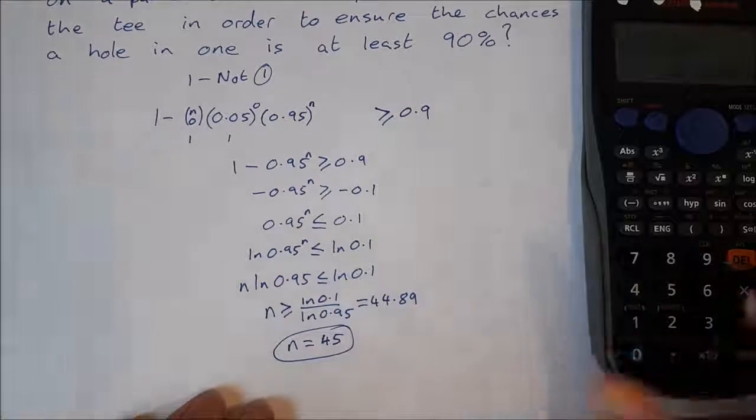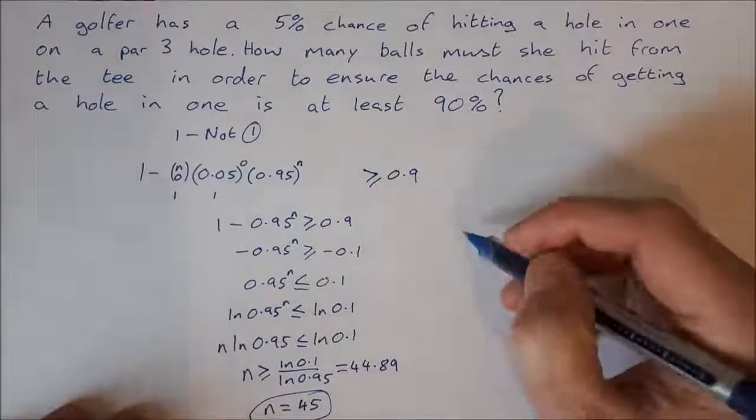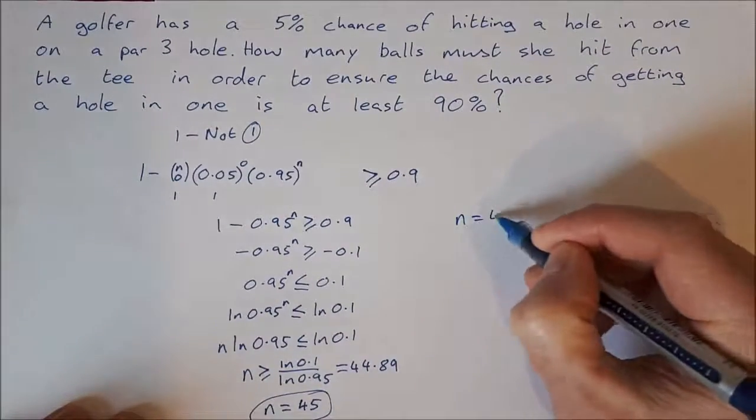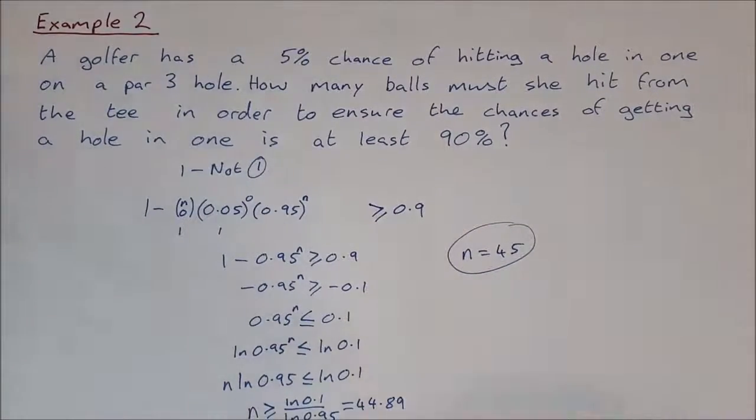So this golfer needs to take 45 shots, on this par 3 hole, in order to ensure that the chances of getting a hole in one is at least 90%.